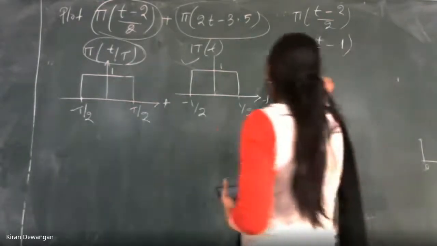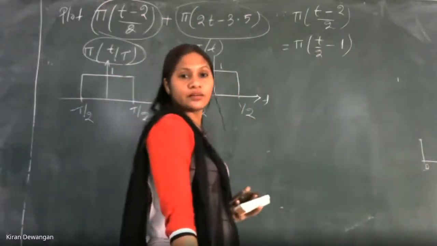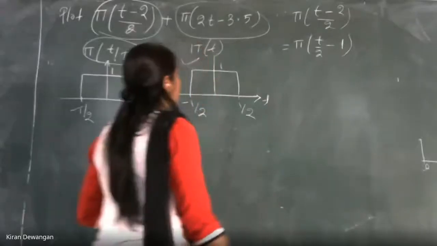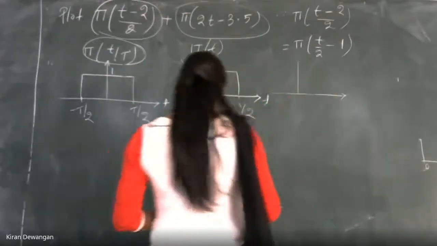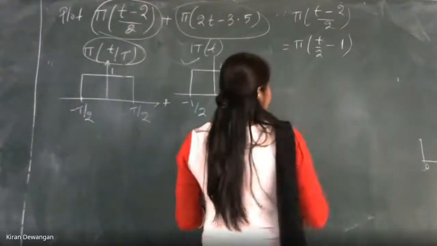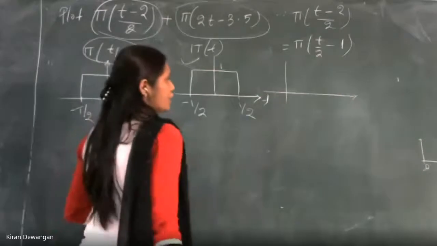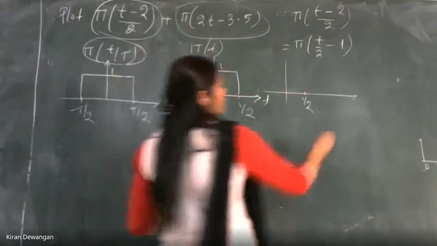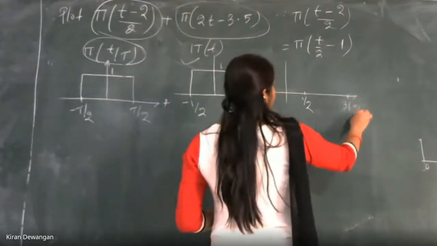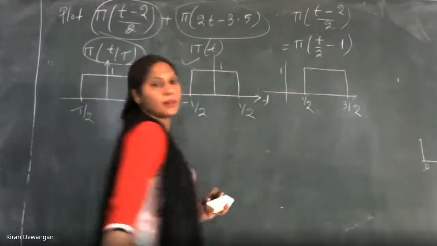Now when we are applying time shifting, it will be shifting by minus 1, so where will it shift? In which direction will it get shifted? Right. It will be shifting to the right, okay? And the plot will be completely shifted to the right. It will start from 1 by 2 and end at 3 by 2, and the value will be 1.